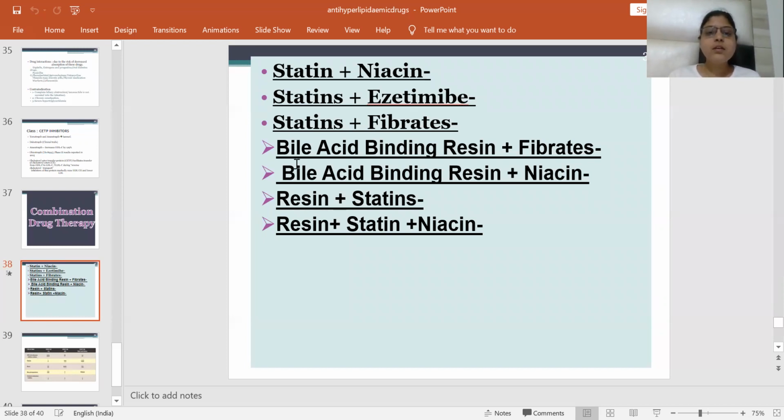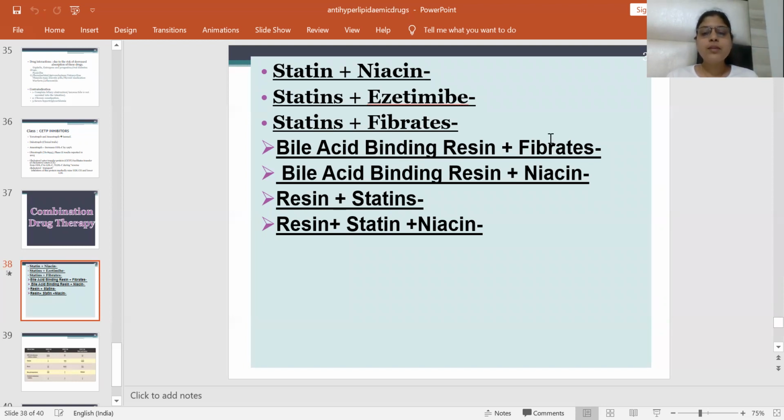Bile acid binding resins will again reduce the levels of cholesterol, because more cholesterol will be converted to bile acids, because bile acid will be excreted while combining with the resins. So cholesterol levels will be reduced.